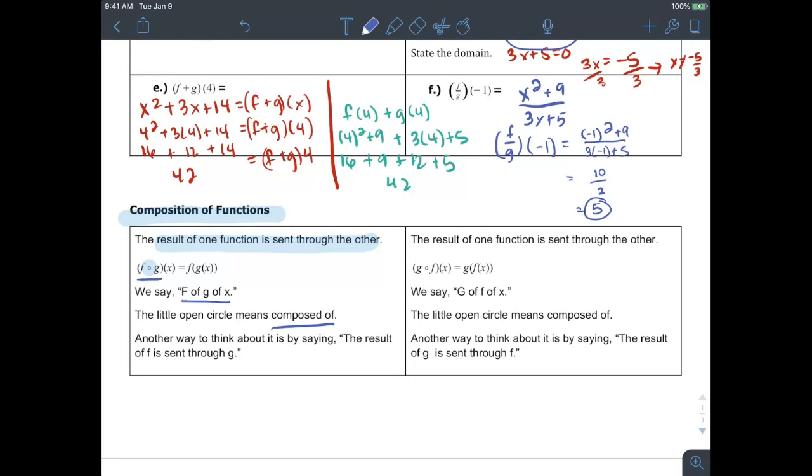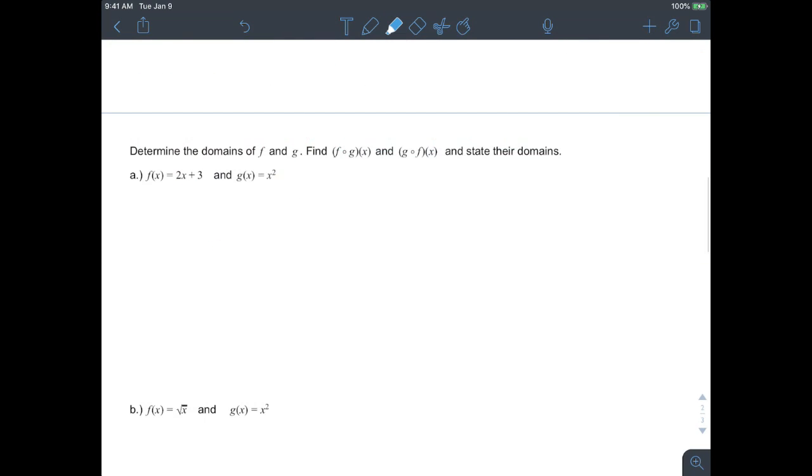So another way to think about it is saying the result of g is sent through f. And I personally like the function written like this instead, because I can see that I start on the inside. g of x is the input into f.